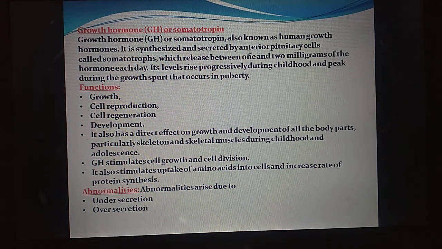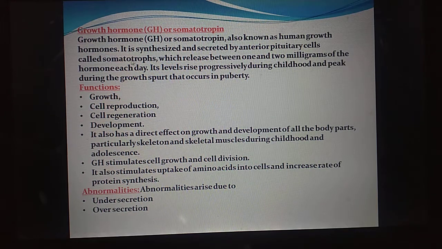It is synthesized and secreted by the anterior pituitary cells, which are called somatotroph cells, which lie within the anterior pituitary, which releases between 1 and 2 milligrams of the hormone each day, and its level rises progressively during childhood and peaks during the growth spurts that occur in puberty.